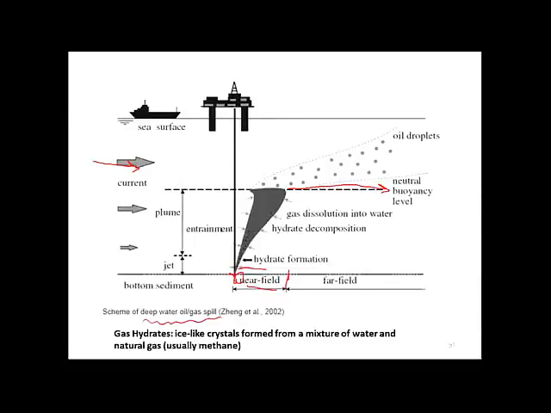It's a mixture of methane and water, and it's cold, so it forms this ice-like thing. As it rises, that little hydrate decomposes and forms just the gas bubble of natural gas, the methane. And those bubbles also rise.